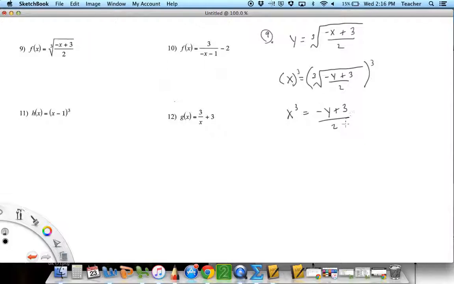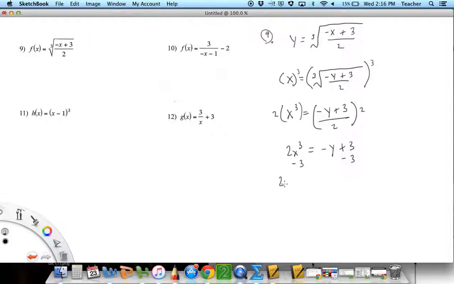Alright, so the cube root is gone, and notice how I'm slowly dissolving this thing so I get y by itself. Now to get y by itself, I'm going to multiply both sides by 2, because that's going to eliminate the denominator here. So I get 2x cubed equals negative y plus 3. Then we're near the end, so we're going to subtract 3.